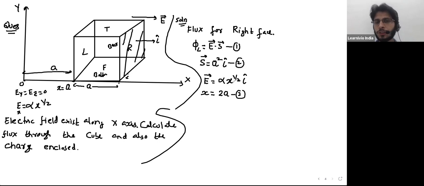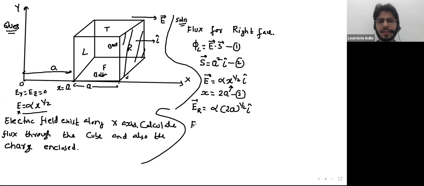So we can substitute this. Basically, this alpha x to the power half is a non-uniform field. It will have different values for different values of x. So when calculating the field for the right face, I need the x coordinate of the right face, which is 2a. When I substitute 2a here, the electric field for the right face comes out to be alpha into 2a to the power half I cap.